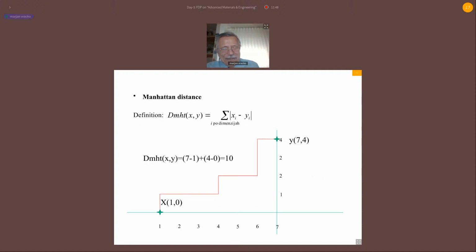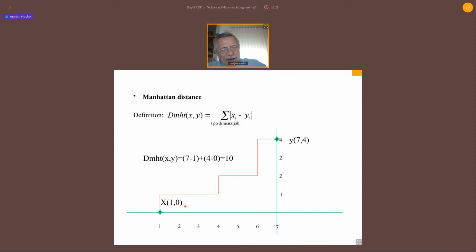The second distance is the Manhattan distance. The definition is here, it is just the sum over absolute values of differences of coordinates. It is very often used in computational algorithms because it's easier to calculate in comparison to Euclidean distance. Example is here.